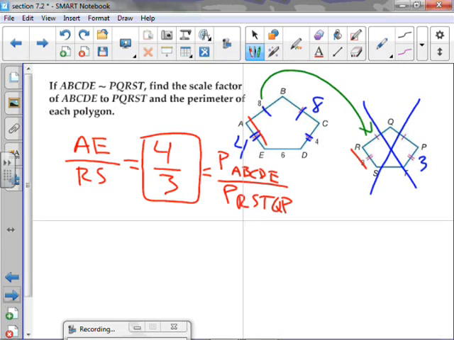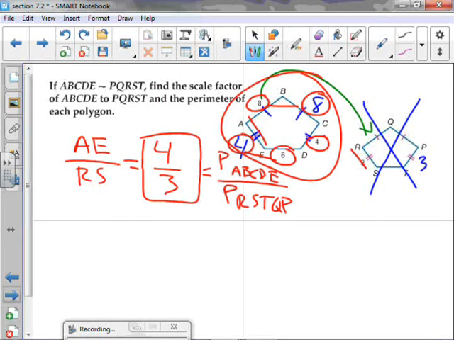Well, I know the perimeter of this guy over here. The perimeter is 8 plus 8 plus 4 plus 4 plus 6. There's 10. There's 16, so that's 26 together plus 4 is 30. Okay? So 4/3 must equal 30 over the perimeter of R, S, T, Q, P.